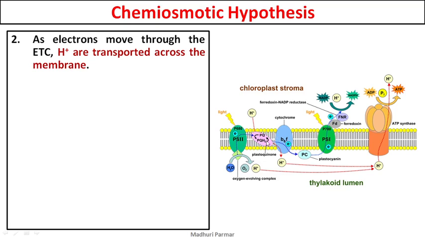Reduced plastoquinone will give its electron to the next electron transporter, which is cytochrome, and it will release the H plus in the thylakoid lumen. So it is releasing more and more H plus in the thylakoid, which are picked up from outside. So because of this also there is higher H plus in the thylakoid lumen.